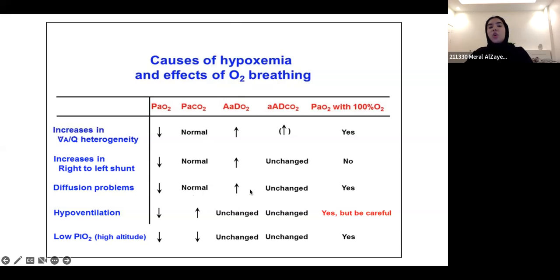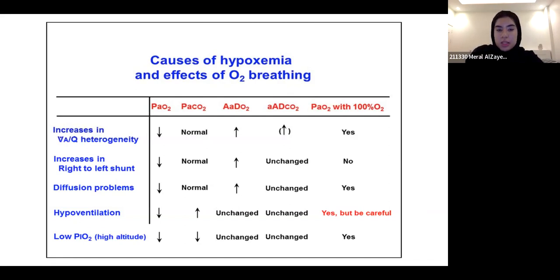So it limits our differential down to VQ mismatch, right to left shunt, and diffusion problems, and we gave 100% oxygen. Okay. And the partial pressure increased. If we give 100% oxygen and the arterial partial pressure of oxygen increases to about 660, it can either be VQ mismatch or a diffusion problem, okay?